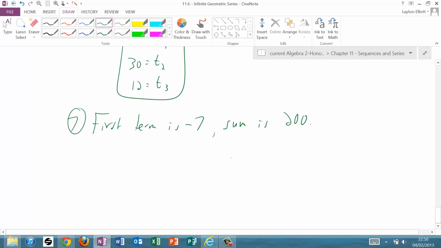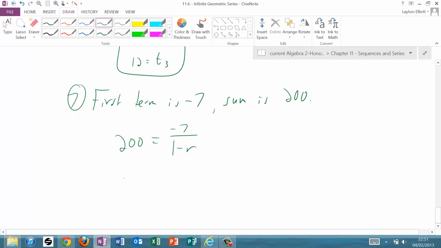Let's see if this happens. So I have 200 is equal to t of 1, which is -7, over 1 minus r. And I'm going to do 200 minus 200r is equal to -7, or -200r is equal to -207, or r is equal to 207 over 200.